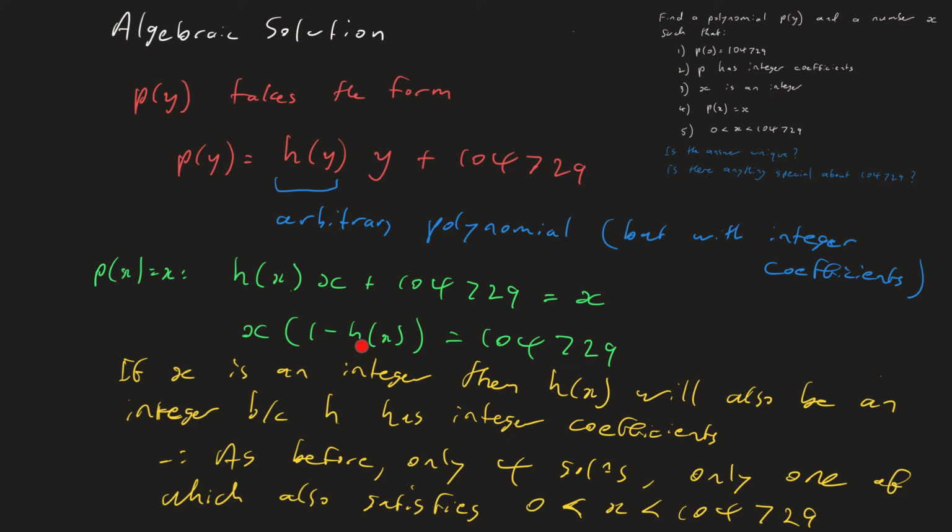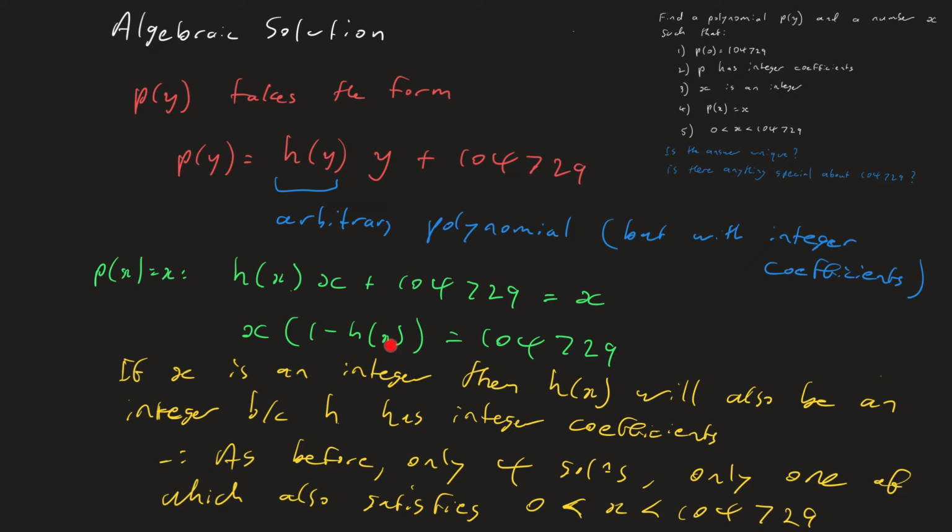What that really means is that if I put an integer into my polynomial, then because the only operations I can do are raise x to some power, multiply it by some coefficient, which is an integer coefficient, and add all the things together, that means h of x must be an integer.